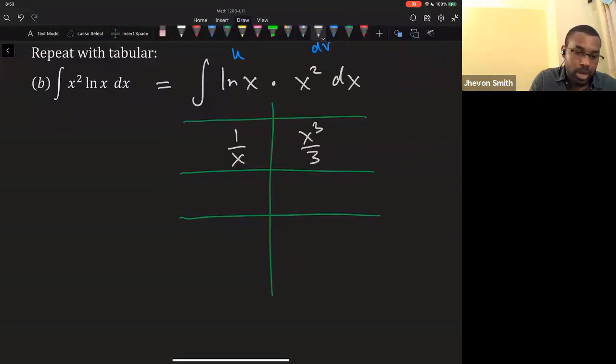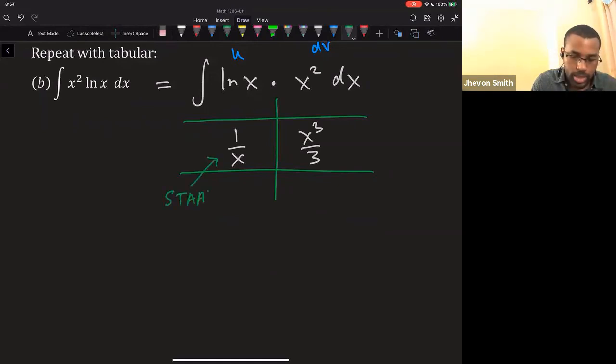And at this point, I would actually stop. Condition 2. If I multiply across, that literally just gives me a polynomial, right?